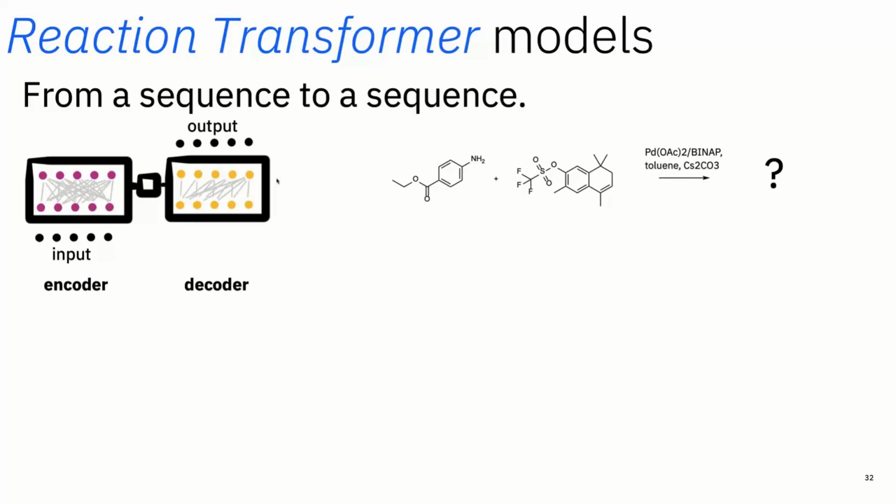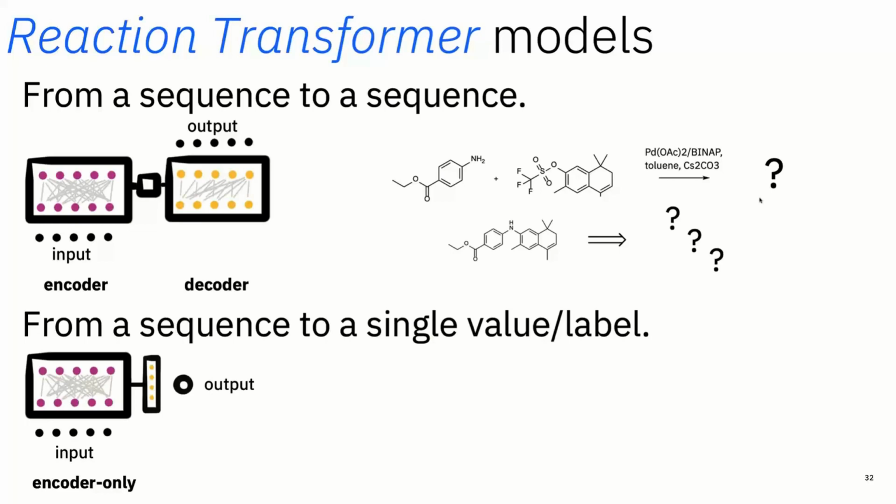I've shown you reaction prediction, where we go from precursor molecules to the most likely product, but also retrosynthesis, multi-step retrosynthesis, and even the smiles to action models that goes from reaction smiles to a sequence of actions uses those encoder-decoder transformers.